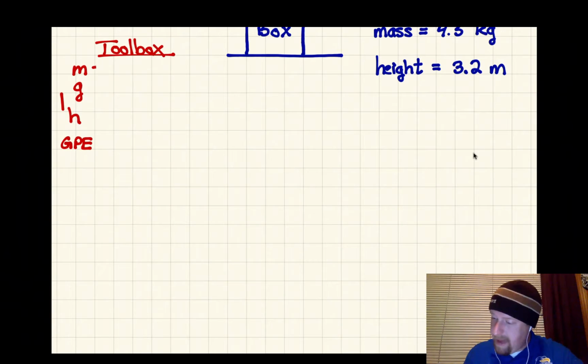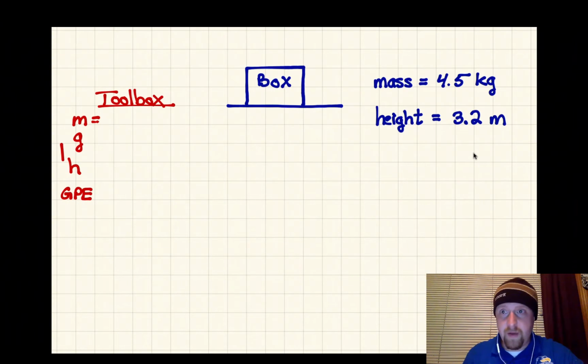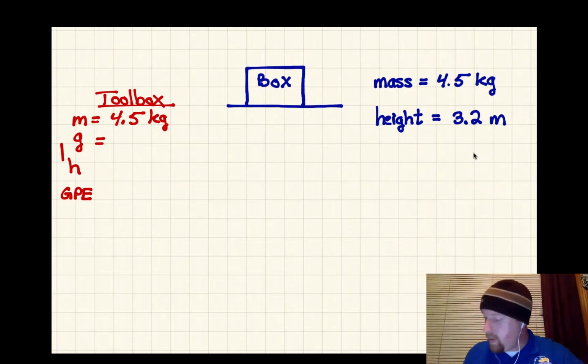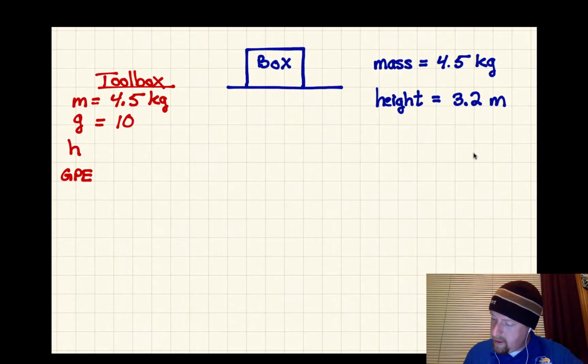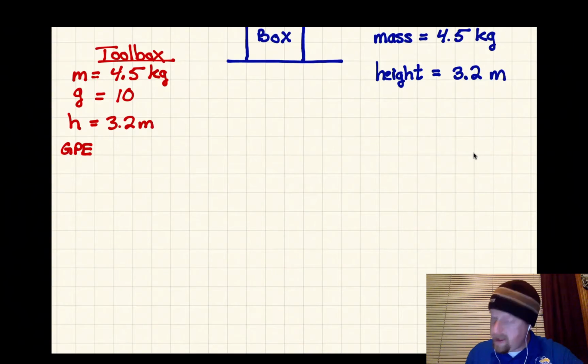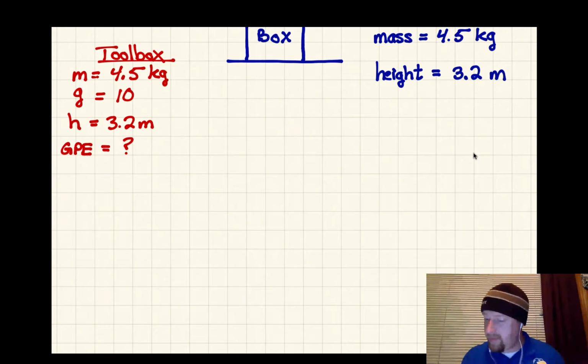In this case, the mass is 4.5 kilograms. Little g is always 10. The height is 3.2 meters.